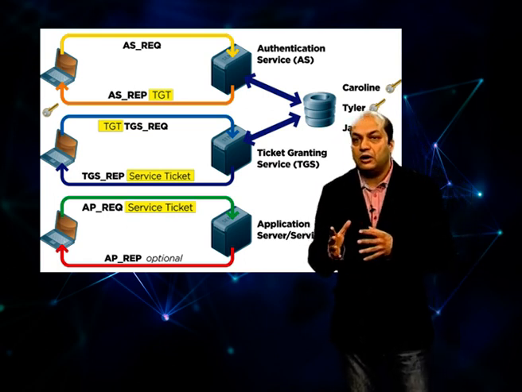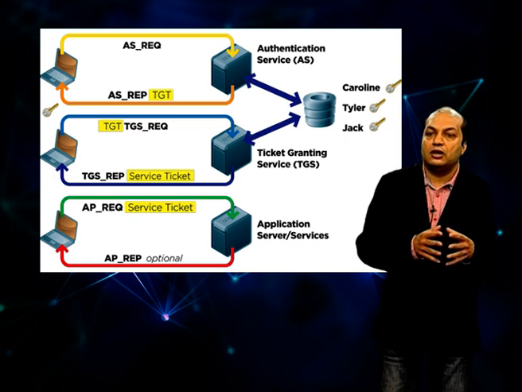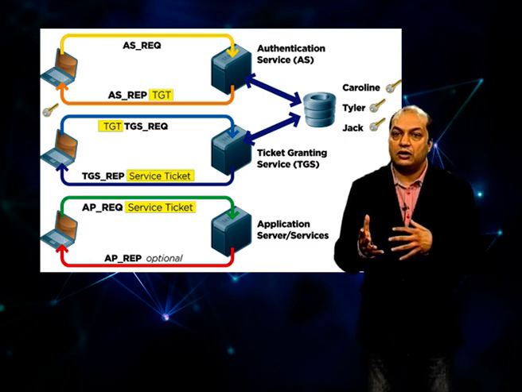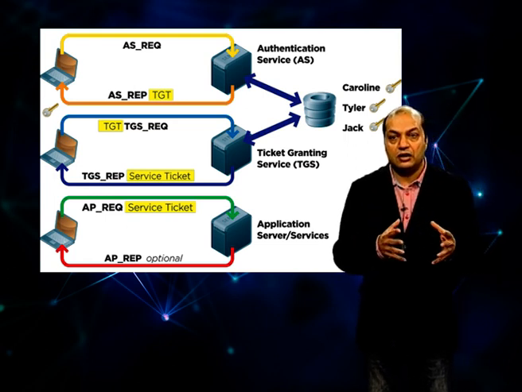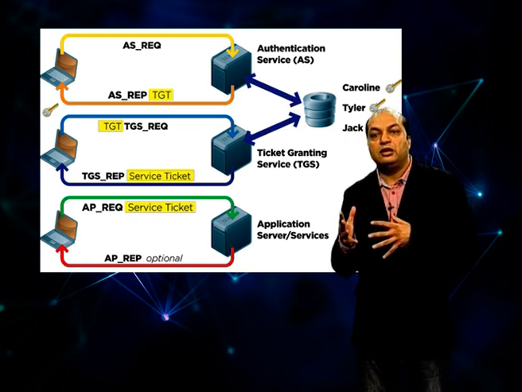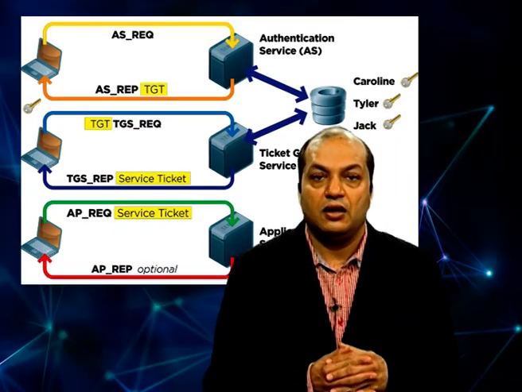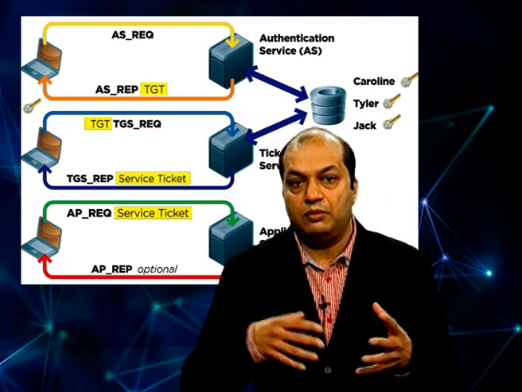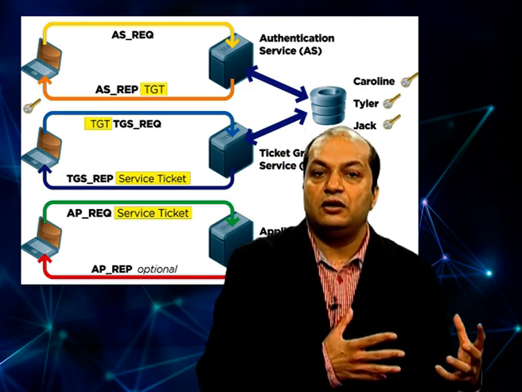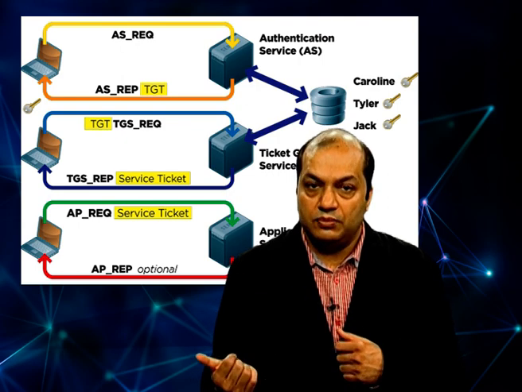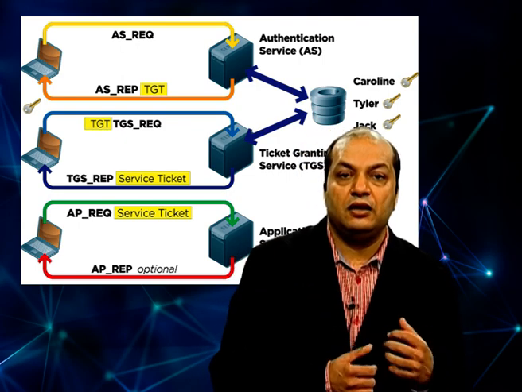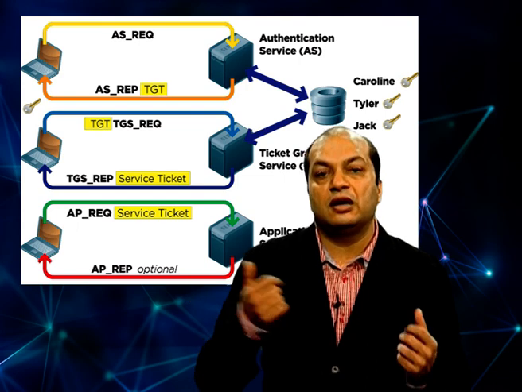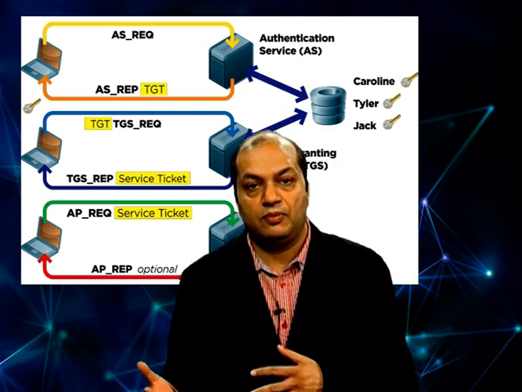The other envelope contains the information about the client, encrypted with the application server secret key, which is available to the ticket granting server. After that, the ticket granting server forwards that message to the client, who can decrypt one envelope, and after that he gets to know the session key between the client and the application server.